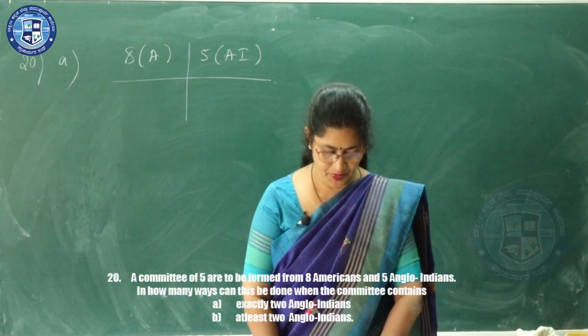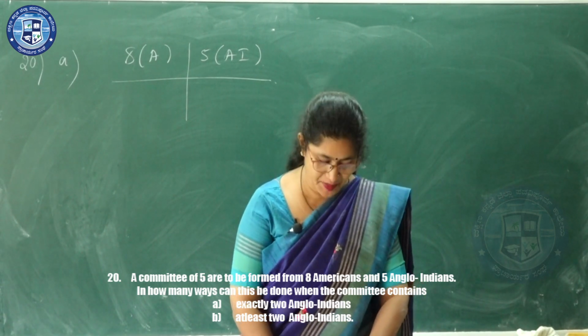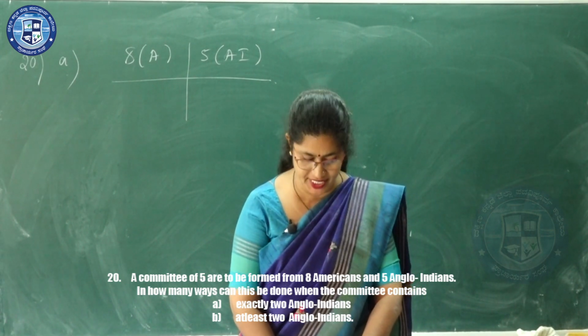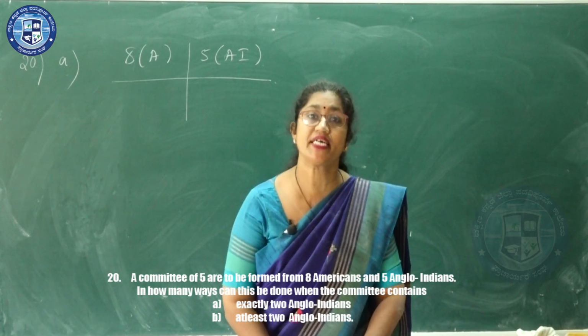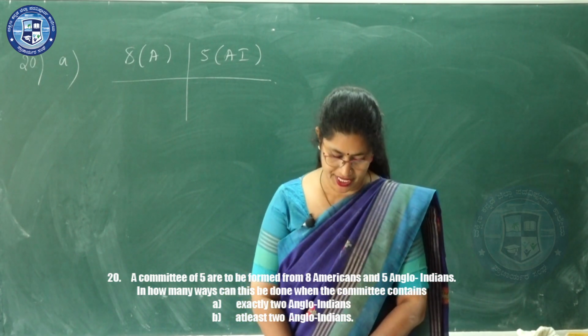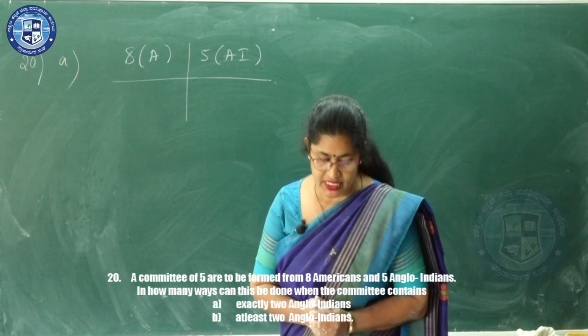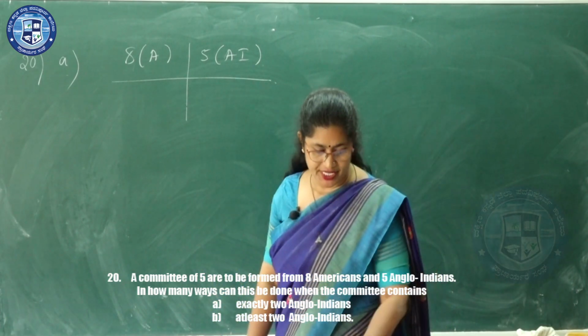Question 20. A committee of 5 is to be formed from 8 Americans and 5 Anglo-Indians. In how many ways can this be done when the committee should contain exactly 2 Anglo-Indians? So let us see what is given. You have 8 Americans and you have 5 Anglo-Indians.